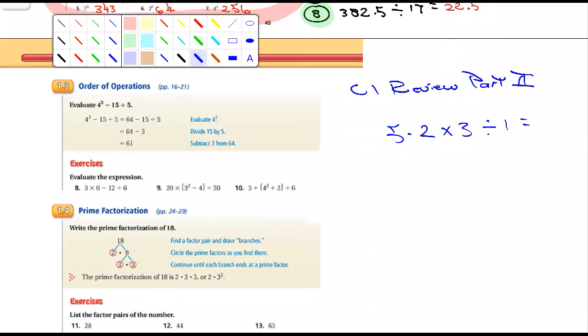You would do 2 times 3, which is 6. That's right, 2 times 3 is 6, so it's 5 subtracting 6 divided by 1.